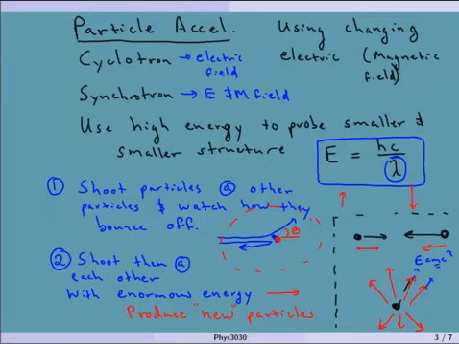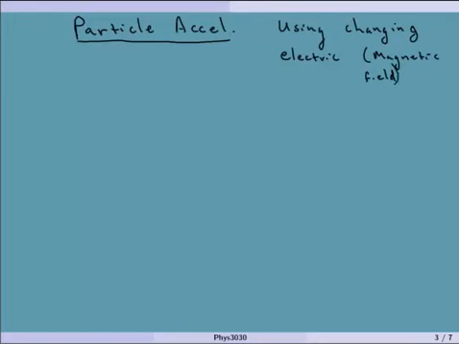To pull particles around, there are different names and different types of particle accelerators. A cyclotron is only an electric field.